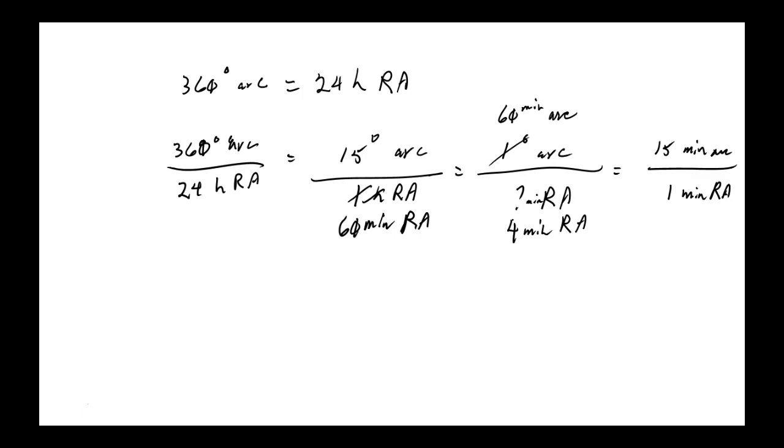What's true about that? The celestial equator, which is this circle, crosses the ecliptic, which is the dotted circle. You're right on. And then how many hours of right ascension? Okay, 1 hour.